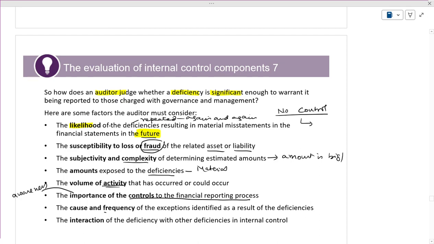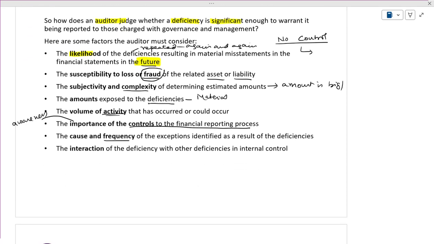The cause and frequency of the exceptions identified: what is the reason, what is the cause, what is the logic? If the frequency is high, happening again and again, not only activity but frequency, then it is significant.